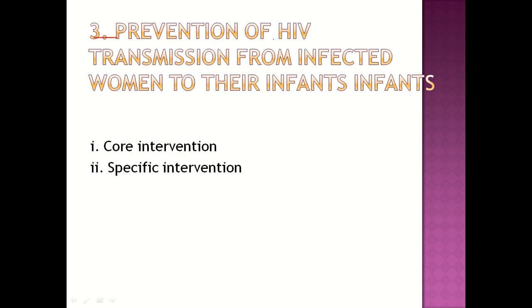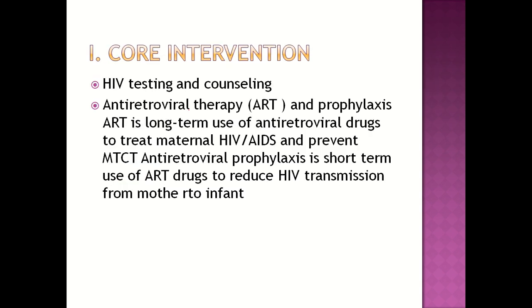Third is prevention of HIV transmission from infected women to their infants. So we basically have two interventions, which are core intervention and specific intervention. In the core intervention, HIV testing and counseling is imperative. Antiretroviral therapy, that's ART, and prophylaxis. ART is long-term use of antiretroviral drugs to treat maternal HIV/AIDS and prevent mother-to-child transmission.